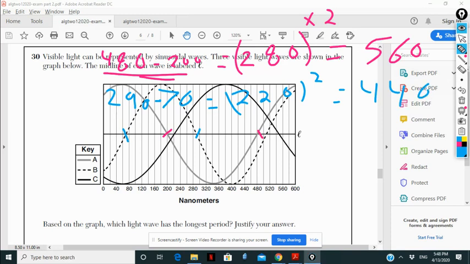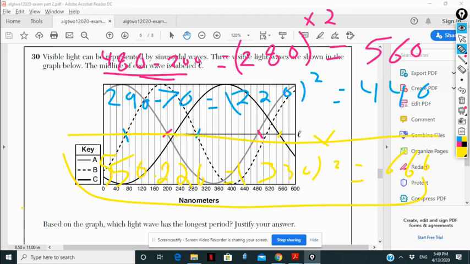The last one, it's here at 220 and it ended at 550. So when I subtract, it's giving me 330. If you're multiplying by 2, it's going to be 660. So the longest line is the black line, the C.